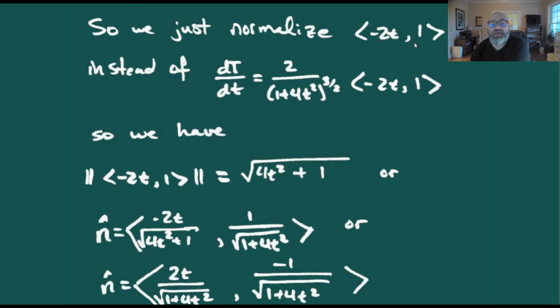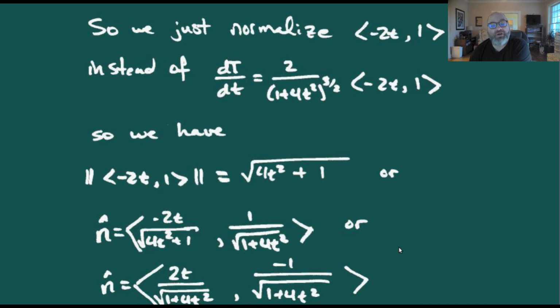If we normalize ⟨-2t, 1⟩, then, what a coincidence, we get our square root of 4t squared plus 1. So the unit normal that we want is either ⟨-2t, 1⟩ over the square root of 4t squared plus 1, or the negative of that.